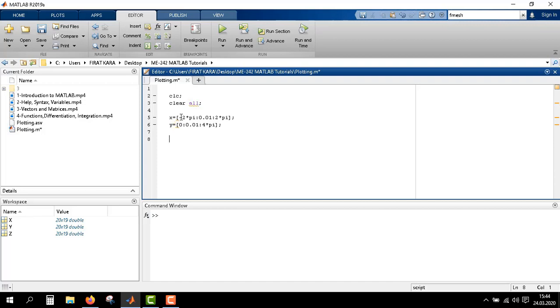Okay, x and y need to be a grid, and again z can be sine x plus cosine y.